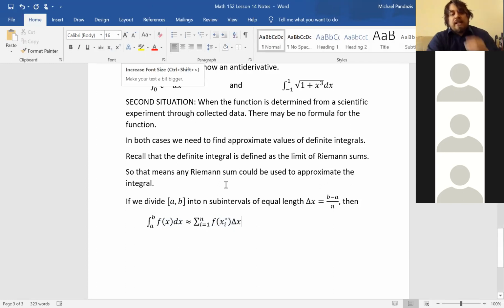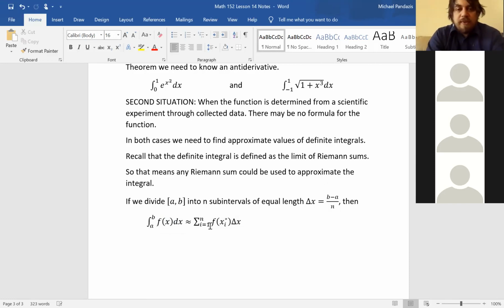Okay, so if we divide that into n subintervals of equal length, then you get that this is approximately that sum, where x sub i star is any point in the ith subinterval.